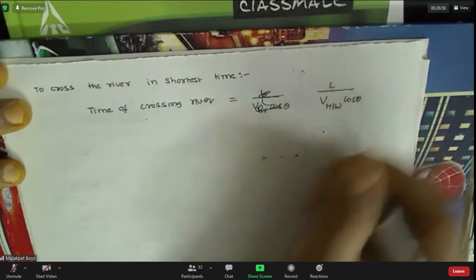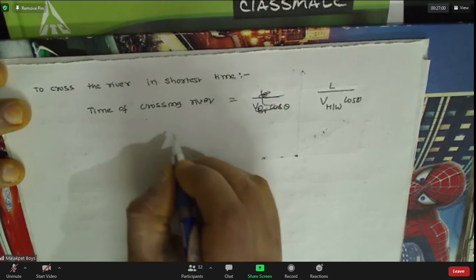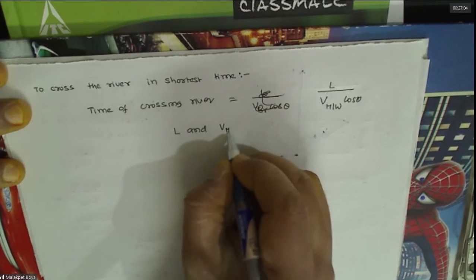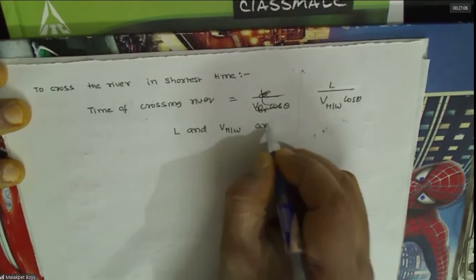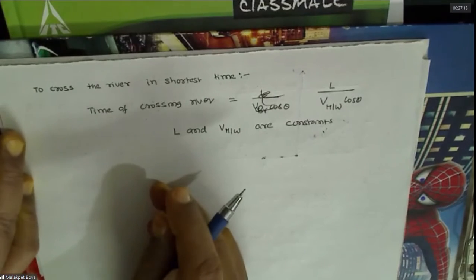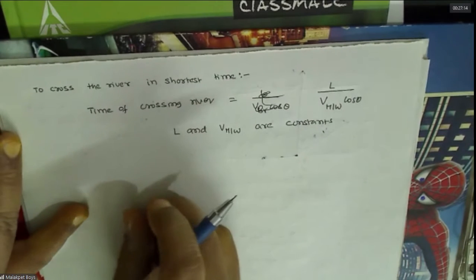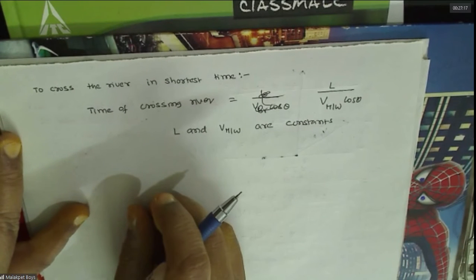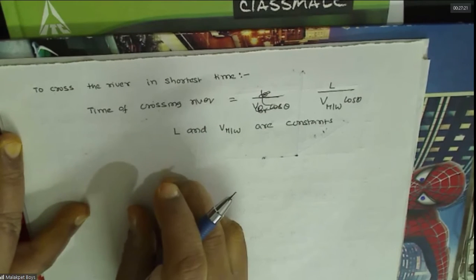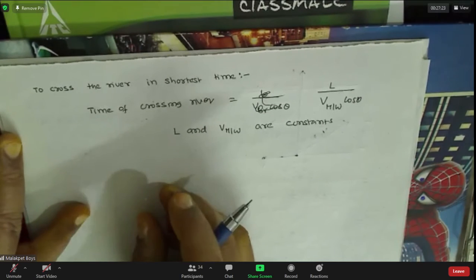Now you can see in this, L and V_MW are constant because you cannot go and change the width of the river, nor can you control the velocity of the river. And your velocity with respect to ground also is constant because you are not having acceleration.